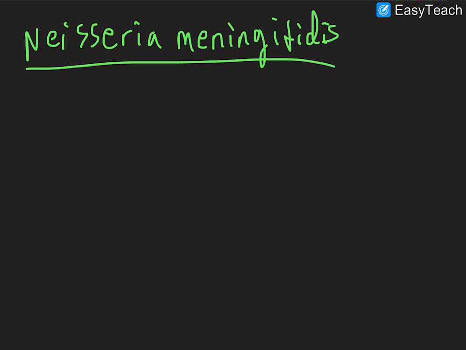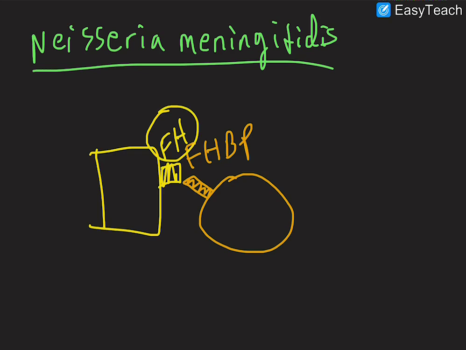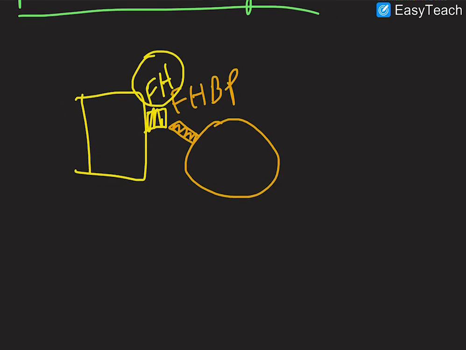So let's go and actually draw this. If we had Neisseria meningitidis, the bacteria like this, it actually has factor H binding protein that will bind. So if we have our body cells right here, let's say this is our own host cell, and we have factor H, it will actually bind our factor H. And what that's going to do is it's going to activate our factor H, and the factor H will just do its normal job, like we said, right?